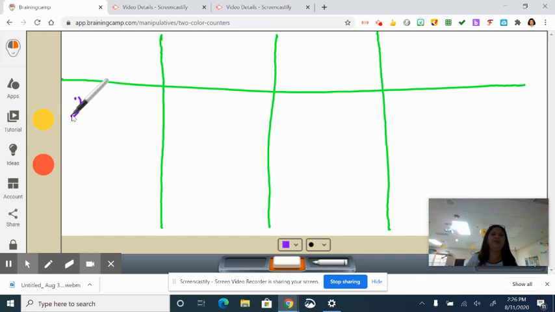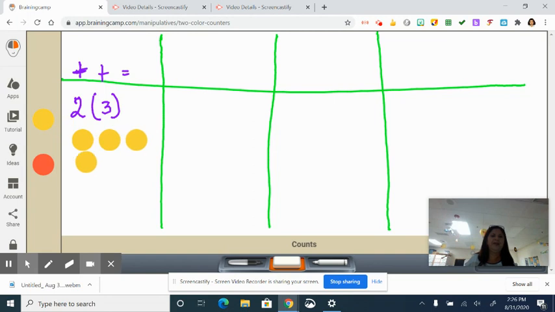What if I told you I wanted to multiply two groups of three, a positive times a positive? I'm building two groups of three. There's one group of three, and there's my other group of three.